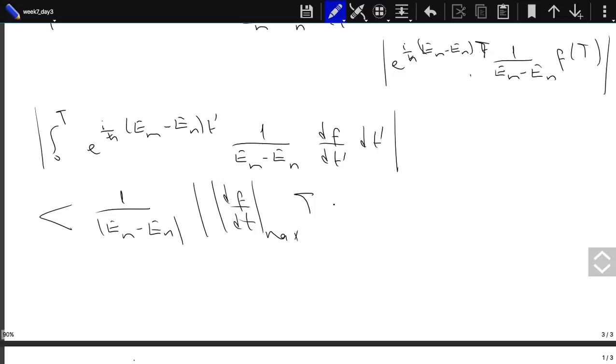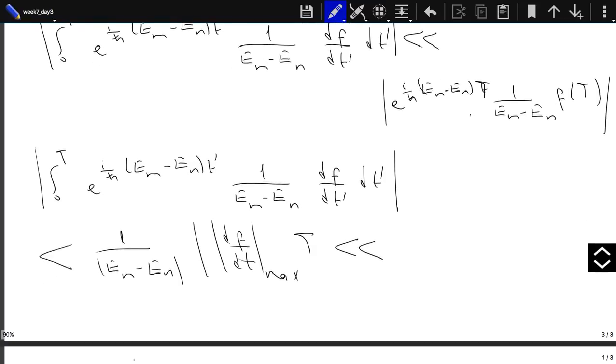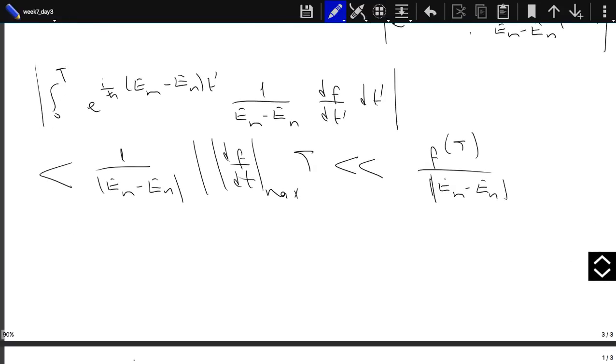So if this is much, much less than the absolute value of the right-hand side, f of t divided by Em minus En, then we are happy. If this condition is satisfied, then we can do the adiabatic approximation.